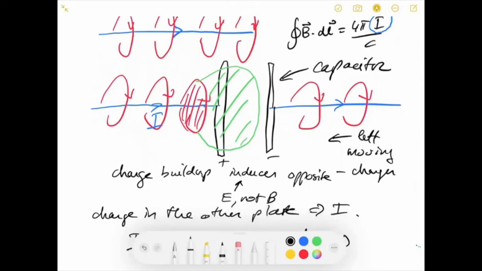So I'm going to draw the electric field now. So the electric field points like this. And if you want to think about it this way, the electric field is actually that thing that is pulling those negative charges in, right? Because the electric field is the thing that mediates the Coulomb interaction. So these negative charges have no business being there unless they were told to be there by a Coulomb force, which is mediated by an electric field.